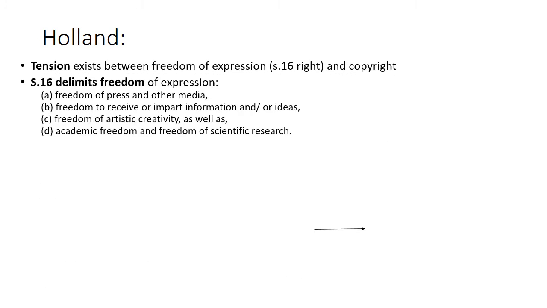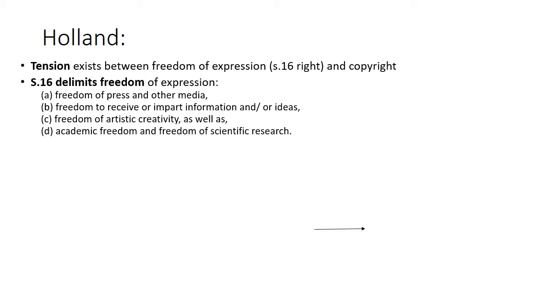And Section 16 clearly delimits the freedom of expression. So where copyright puts boundaries up, Section 16 tries to get rid of those boundaries by including in this freedom of expression the freedom of the press and other media, the freedom to receive or impart information or ideas, the freedom of artistic creativity, as well as academic freedom and scientific research.